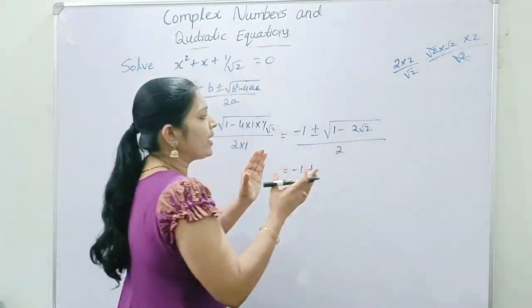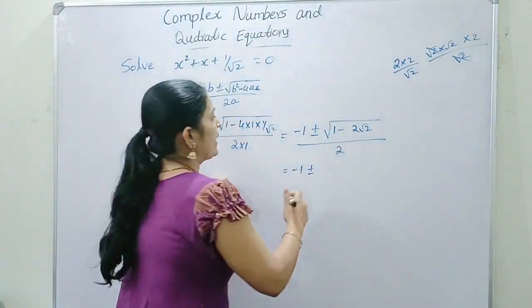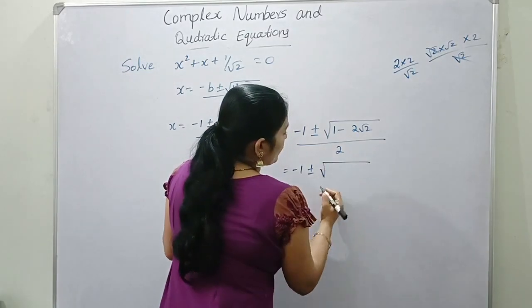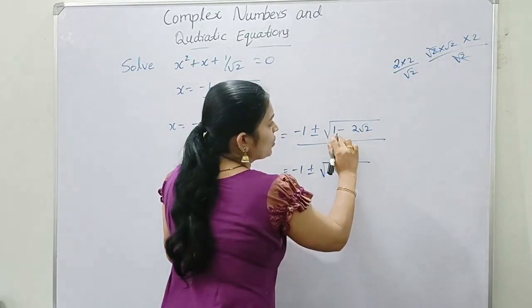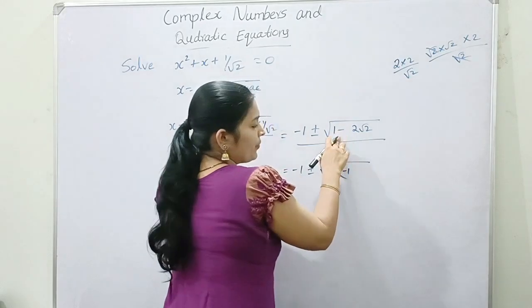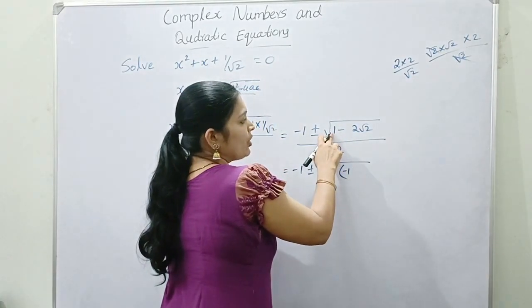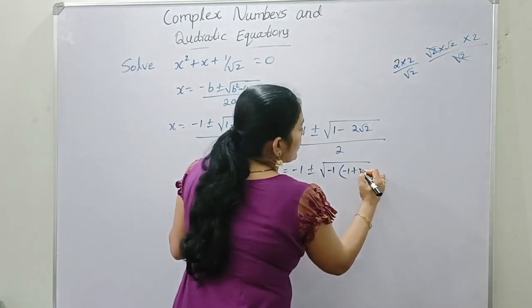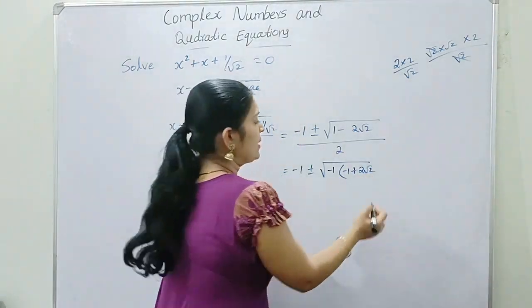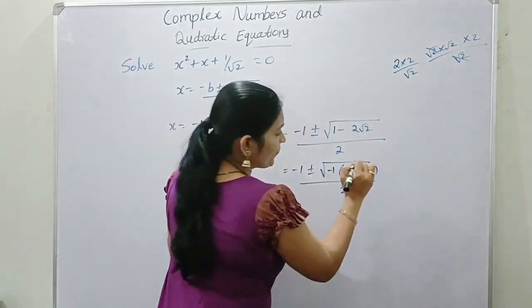So here we can write minus, taking square root of minus 1 outside. Square root of minus 1 into, okay, minus 1, we have taken the minus outside, so it will be 2 root 2 minus 1, divided by 2.